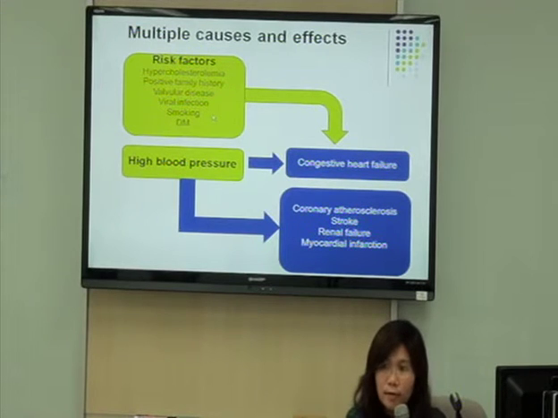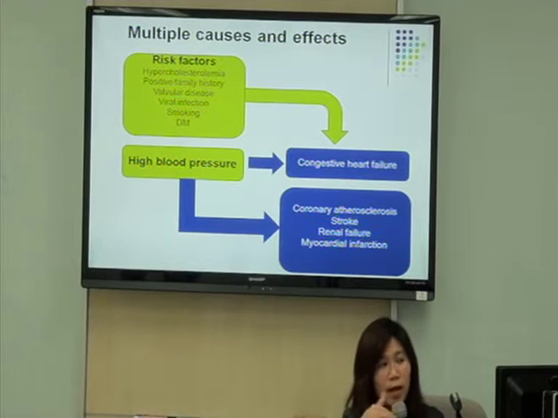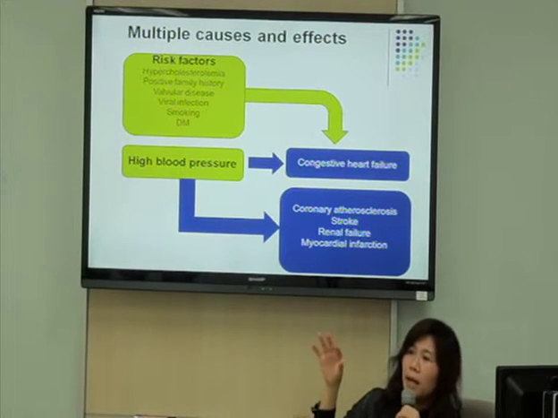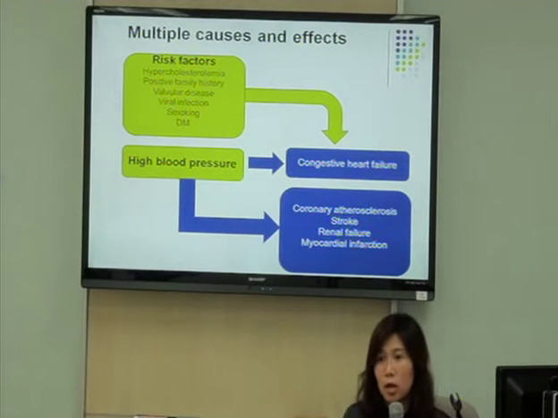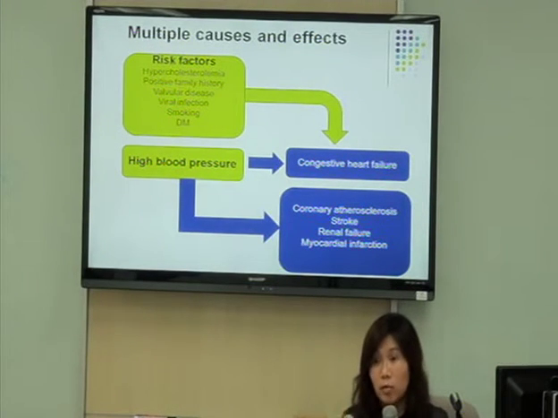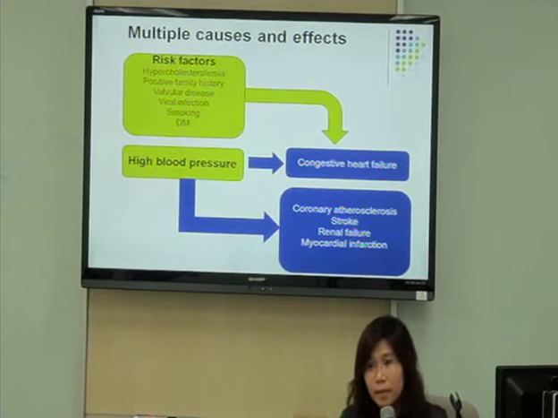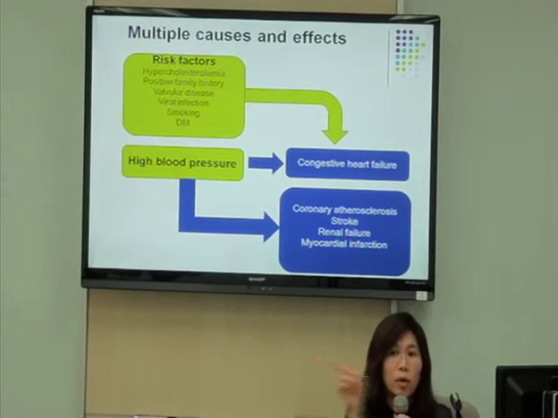It is multifactorial. So that's why we talk about many advanced techniques in statistics to try to claim a causal relationship, because it's not just straightforward one by one.